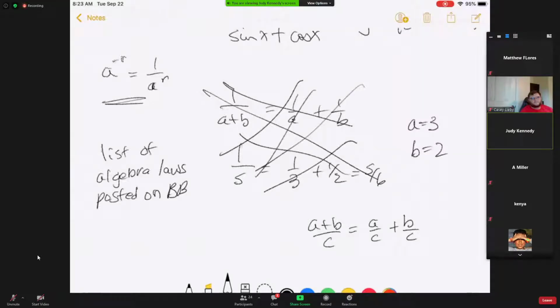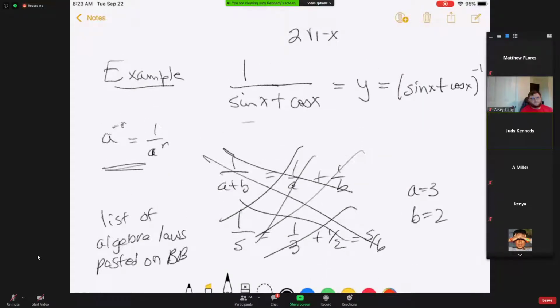Okay, so back to our problem. We were going to take the derivative of this function. Would you rather view it as a quotient or as a function to a power? Make a choice. Function to a power.